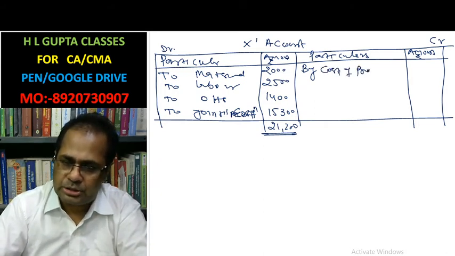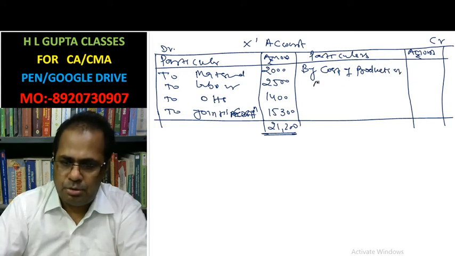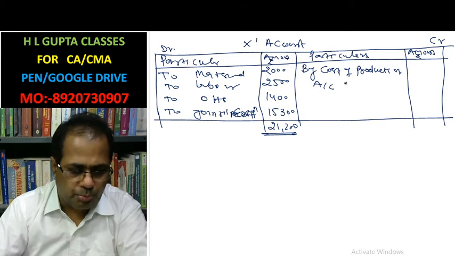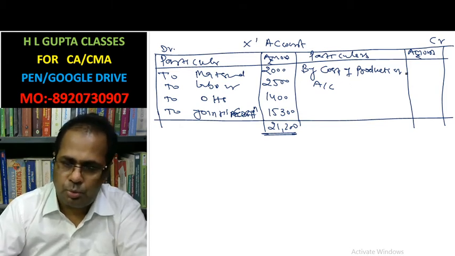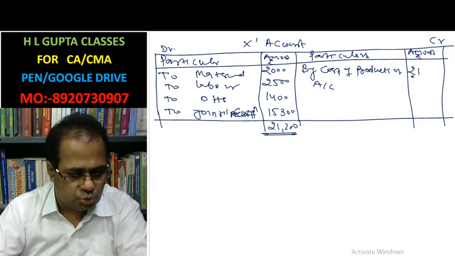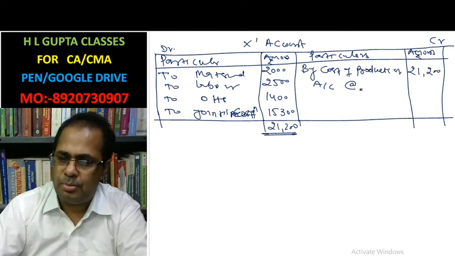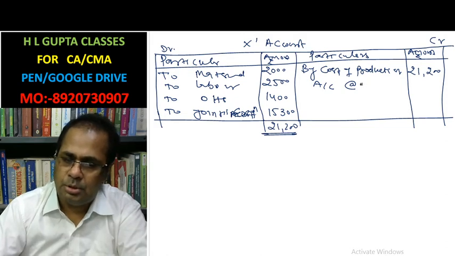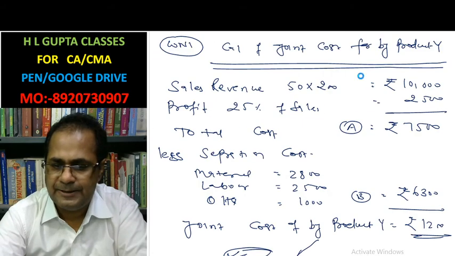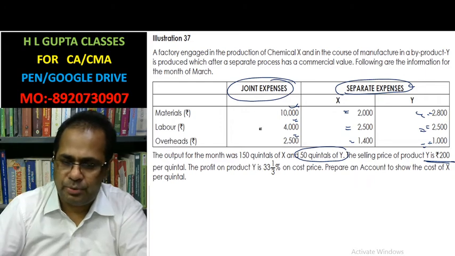By cost of production account, rupees 21,200, at the rate of the production unit. Production unit of X is 150 quintal.